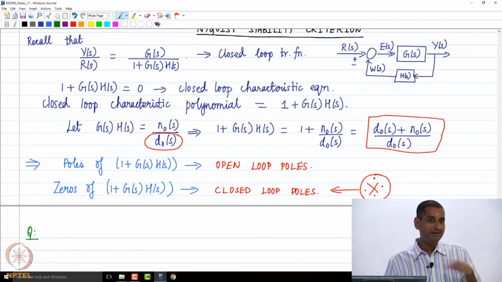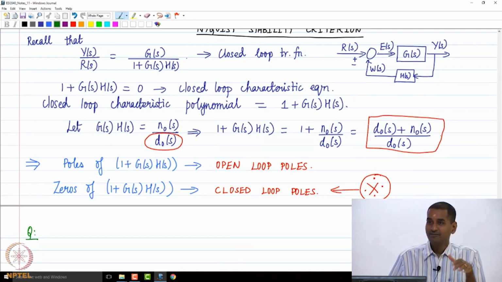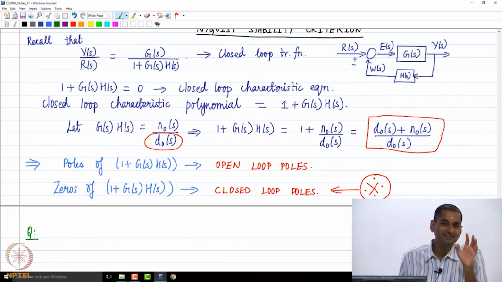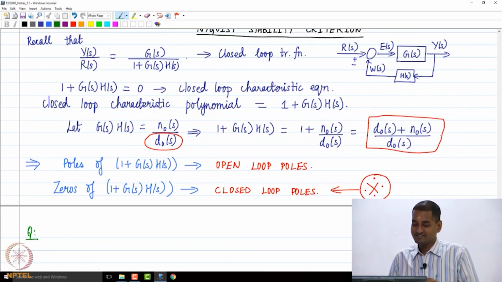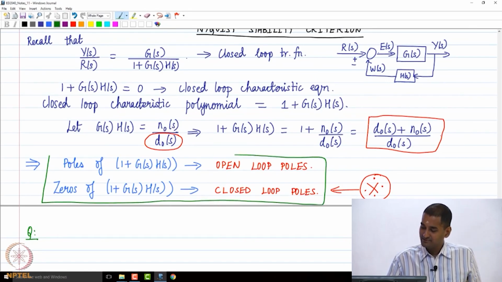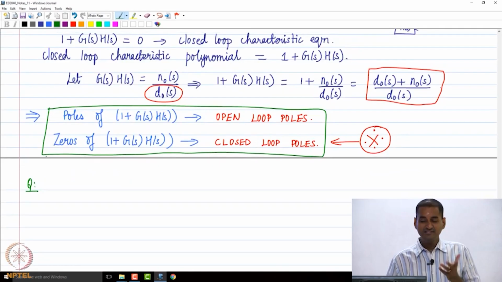It is a very natural question, because I am extracting the denominator of the closed loop transfer function, writing it as a ratio of another numerator and denominator, and then processing it. But from here onwards I will just use this terminology.